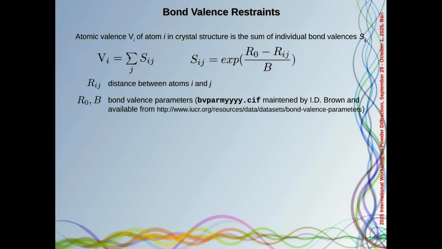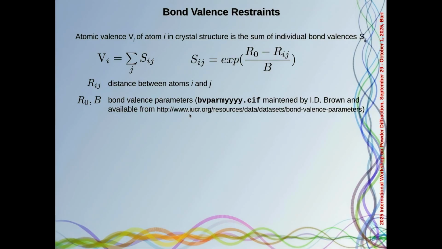And so if I have an atom, I have to consider all the surrounding atoms around it. And the bond valence is this quantity, where there are some semi-empirical factors R0 and B that you can find in this file that is maintained by Brown.